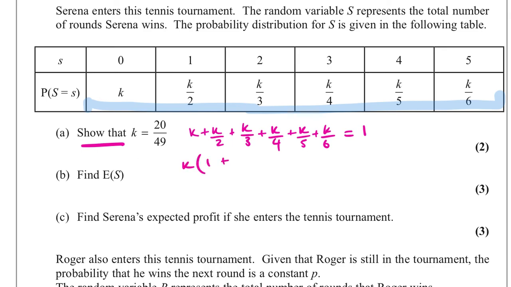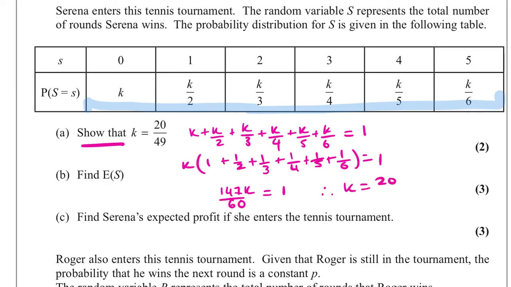Okay, and then we're going to have 1 plus a half plus a third plus a quarter plus a fifth plus a sixth equals 1. If I put that into my calculator, divide it, what am I going to get? 147 over 60 equals 1. So then K equals 20 over 49. Now you do have to write either one of these and this one to get the mark, okay?